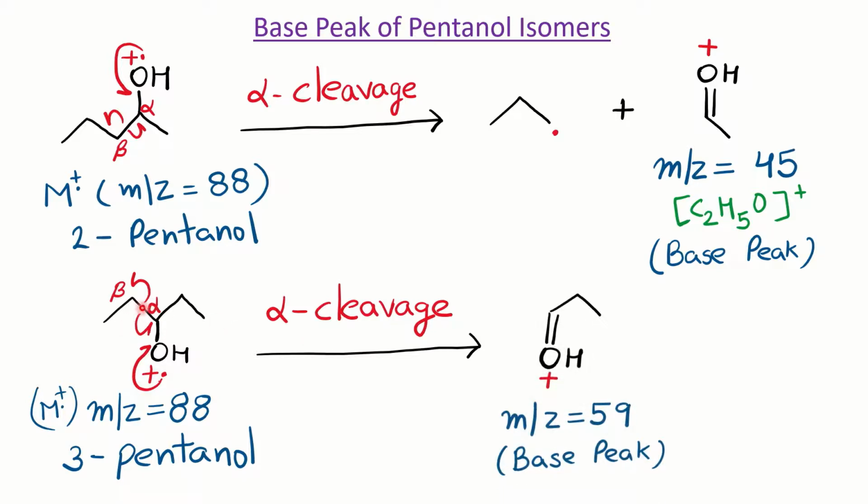If you cleave from here, an ethyl free radical is going to release, giving you this cation, which is having the M by Z 59 as a base peak, which is the most stable, most intense peak in the mass spectrum. And thus, we can differentiate the 3 isomers of pentanol, 1, 2, and 3. 42 is the base peak of 1-pentanol, 45 is the base peak in case of 2-pentanol, and 3-pentanol shows the base peak at 59.